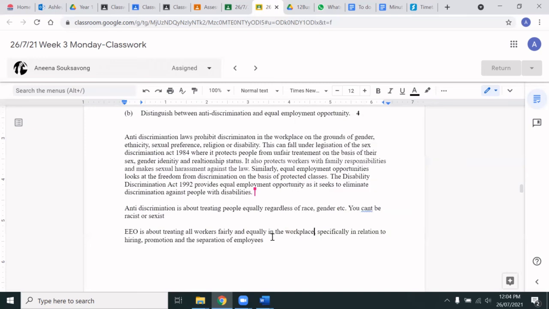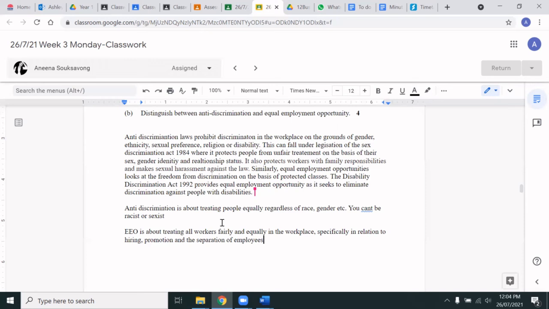So if we're giving a couple examples between the difference, distinguish, if I'm saying something like, I don't like that dude because he's a white guy, I hate white people, then that's discrimination. If I'm saying I don't employ women, women all suck, they've got tiny brains, men are far smarter, then that again is discrimination.